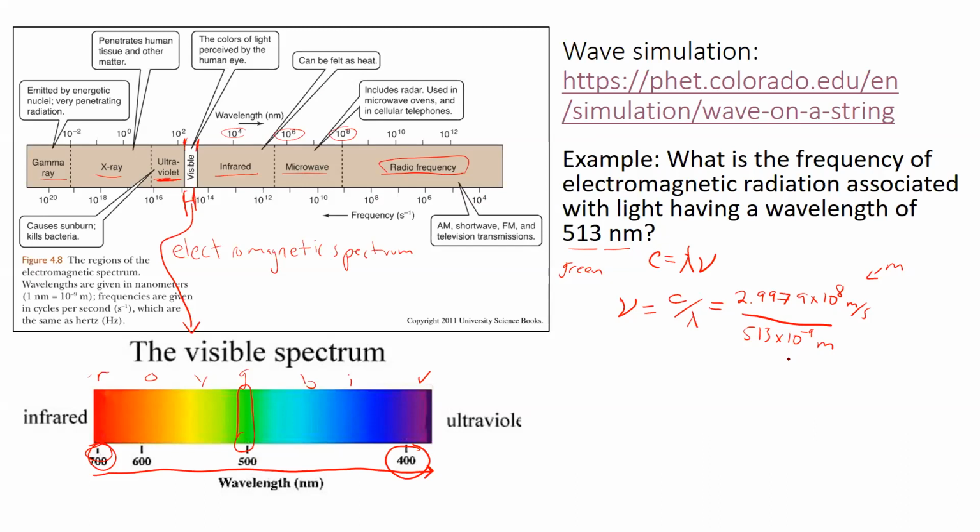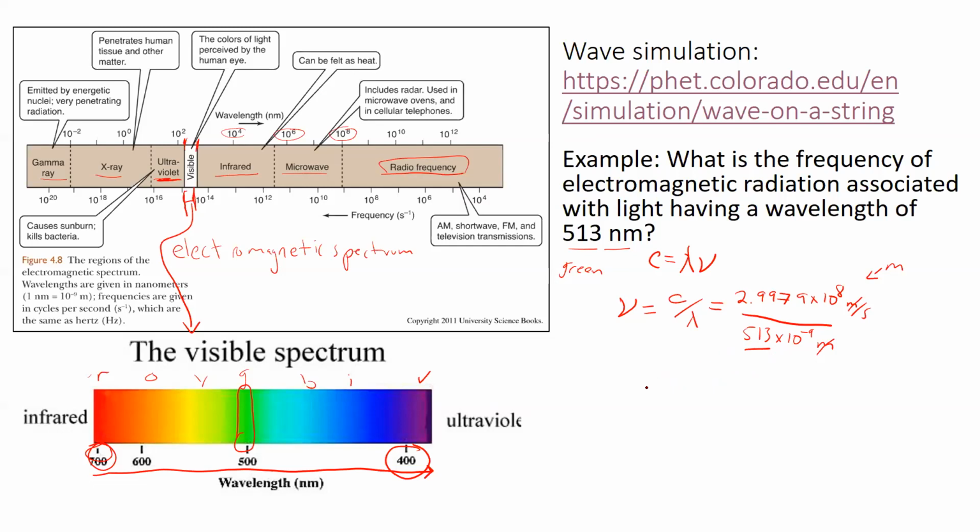And you just plug that into your calculator. This is a pretty easy calculation, but you've got to be careful. Notice it's 513 times 10 to the minus 9, which is the same as 5.13 times 10 to the minus 7. So be careful about that in your numbers. 513 nanometers is 513 times 10 to the minus 9 meters.